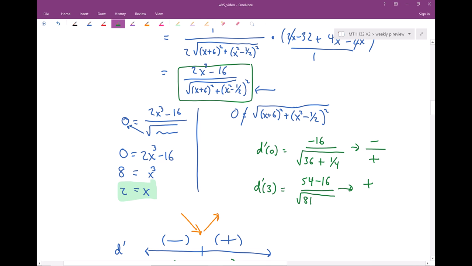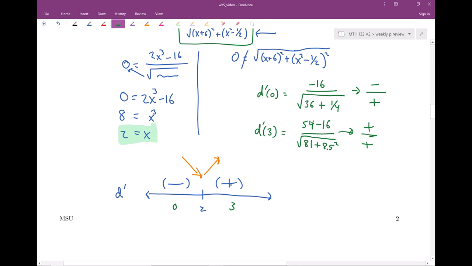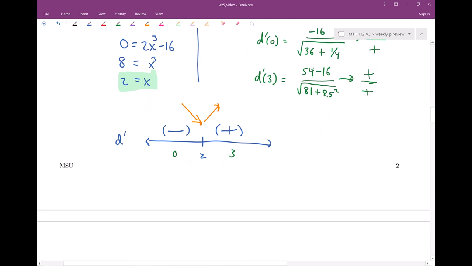And 3 squared would be 9 minus a half. So I'm just going to say 9 minus a half, 8.5 squared. And again, we're just looking, is this positive or negative? These are test values. And so the denominator is also definitely positive. So positive divided by positive, that indeed gives me positive. So now with this work right here, I can say, x equals 2 minimizes distance.